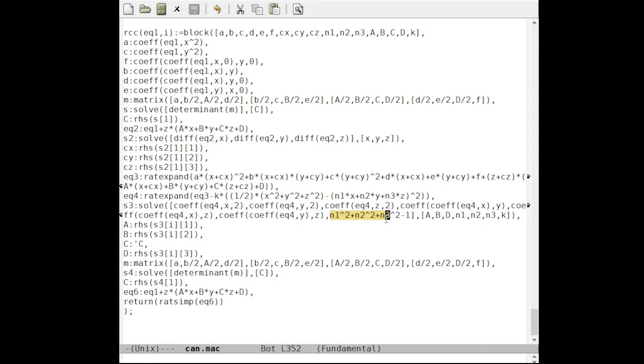And remember that it's a unit vector along the axis. And so for capital A, capital B, capital D, the components of the unit vector and the scaling factor between the equations.